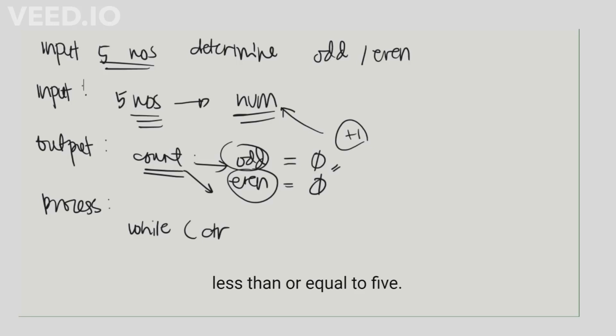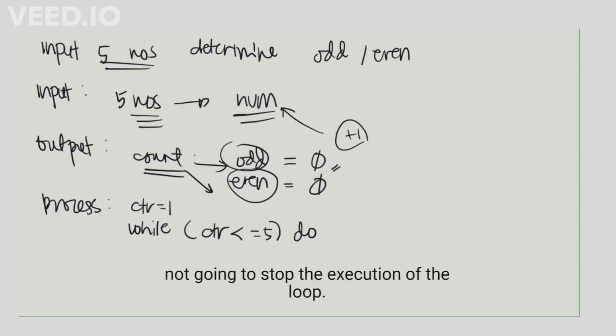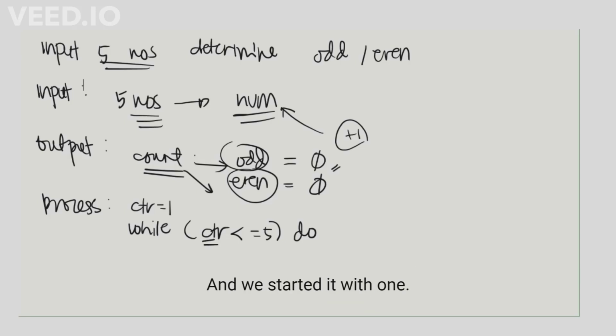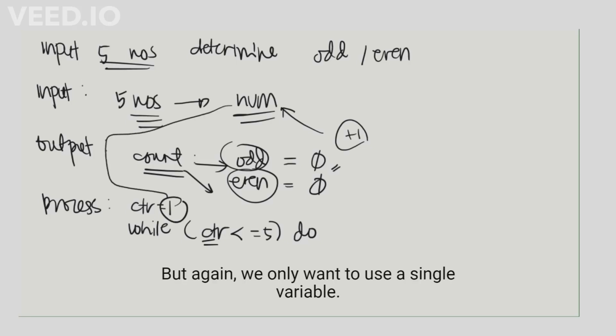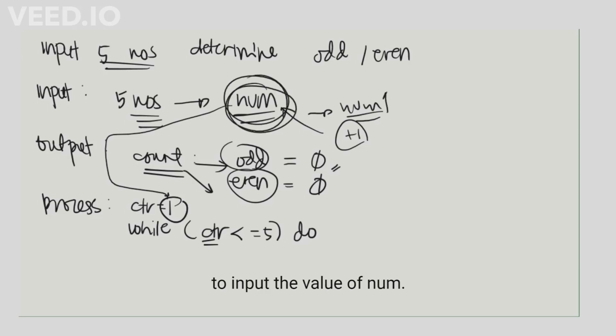While CTR is less than or equal to 5, do. We're not going to stop the execution of the loop until CTR goes beyond 5. We started with 1, which is represented by num1, but again, we only want to use a single variable. So we're going to input the value of num.